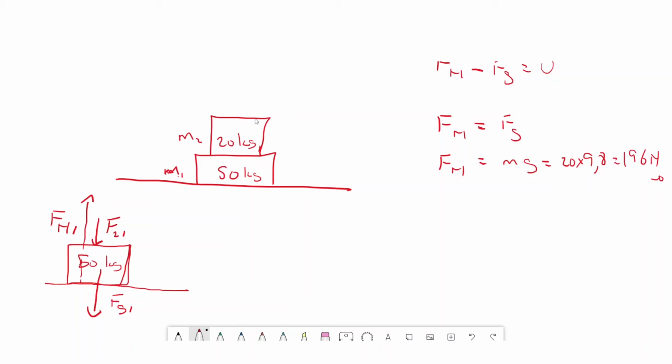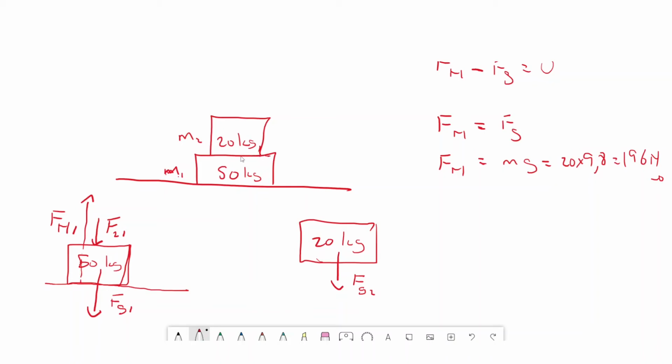Now let's look at this box here, the second box, 20 kg. What are the forces that are acting on 20 kg? Okay, the earth is going to try and pull 20 kg down. So that is going to be the force of gravity on 20 kg, on 2. But there's a surface here.